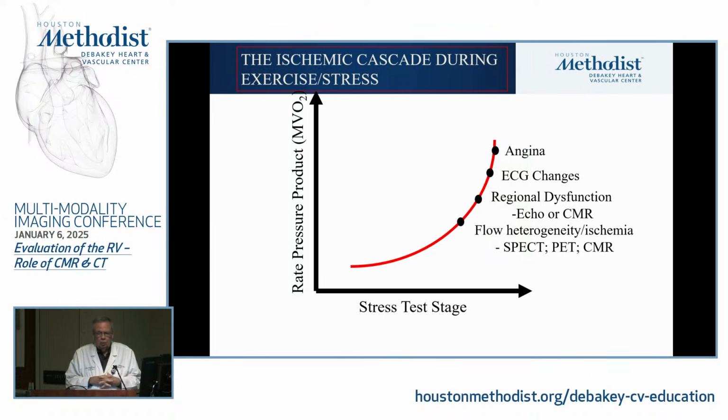You can do that also with CMR, and even nuclear technology nowadays can assess wall motion and pick up some of these disturbances. Then you get into the EKG changes, the ST depression, and so on, which are less sensitive because often you may have full ischemia with minimal or no ST changes.